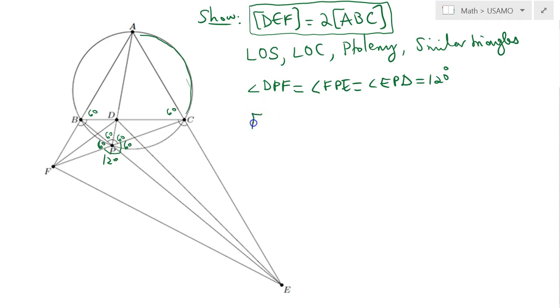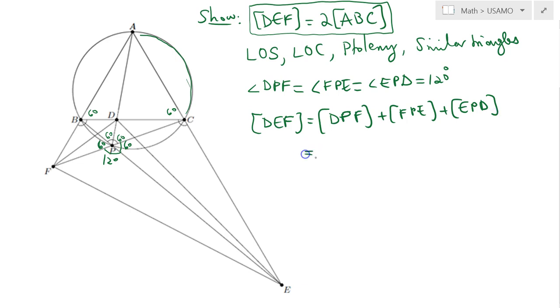Now let's calculate the area of triangle DEF by splitting DEF into three pieces, namely the area of DPF plus the area of FPE plus the area of EPD.